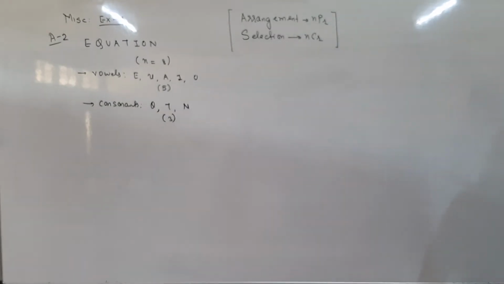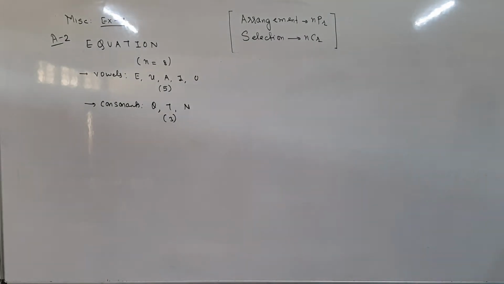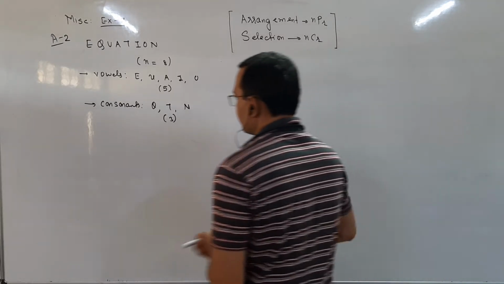Okay. Now I have taught you in the revision lecture, in exercise 7.4, after we did the revision of the entire concept, those who are to be kept together, we group them as one.